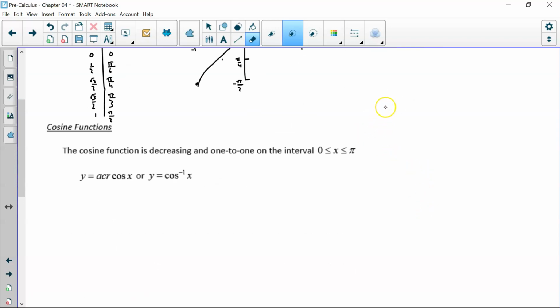What we're looking at for cosine, if we graph the cosine function, here we're at pi over 2, pi, 3 pi over 2, and 2 pi.